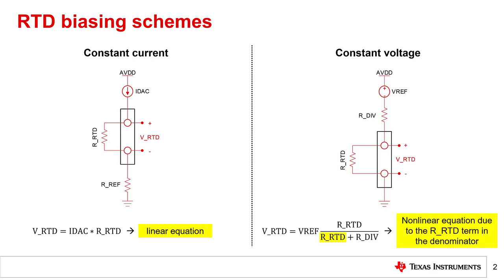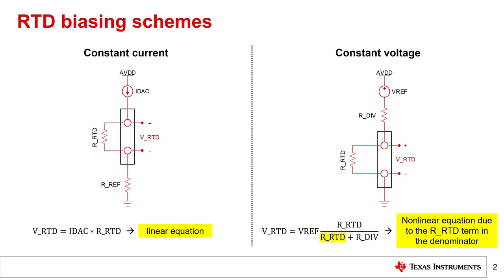The equation for VRTD using a constant voltage source is Vref multiplied by the ratio of RRTD to RRTD plus RDIV. In this case, VRTD has a nonlinear relationship to RRTD because the variable RRTD appears in both the numerator and the denominator of the VRTD equation. This is shown on the bottom right.